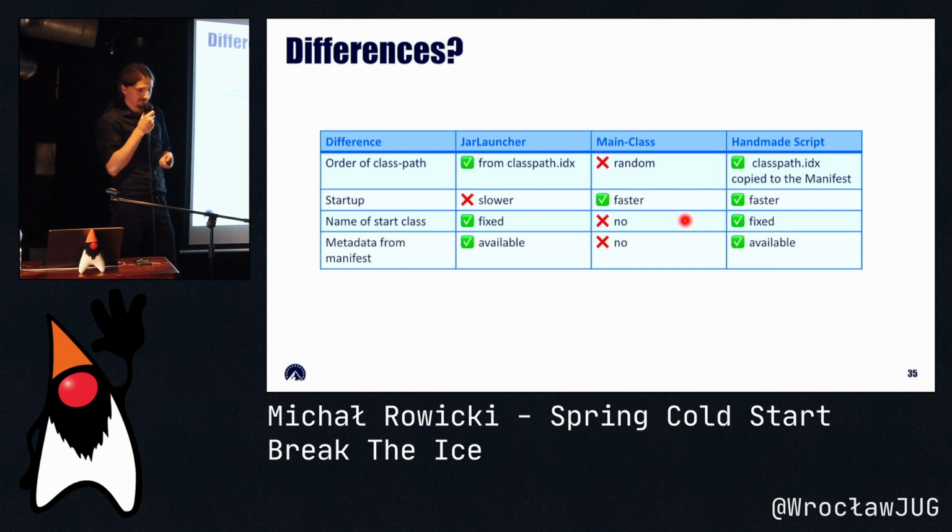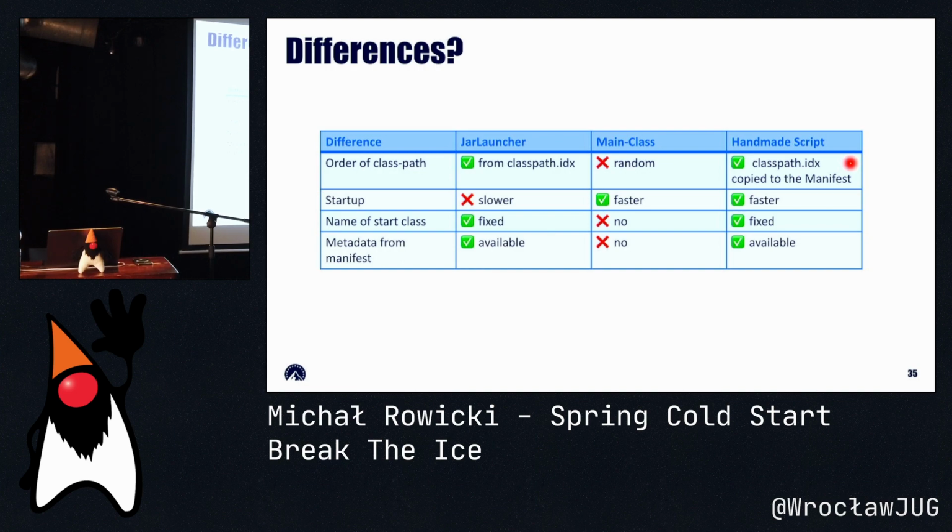So what can we do? We can write a handmade script. Remember how it was done in the early days of Java when we didn't have fancy tools to run an application. Such a tool was being developed by Sebastien Deleuze from the Spring Boot team in scope of the class data sharing mechanism.